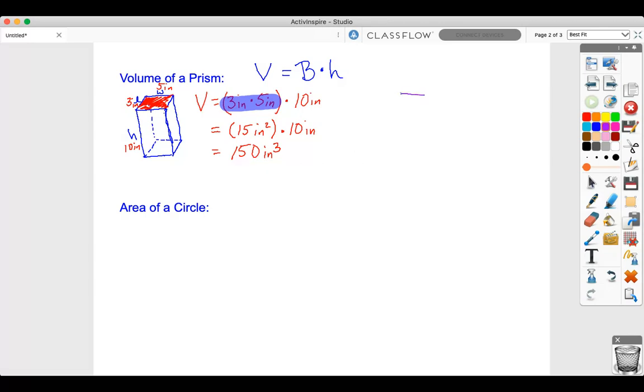Let's say we had an octagonal prism. I might be messing myself up here by doing this, but we're going to try it. Here we have an octagonal prism.